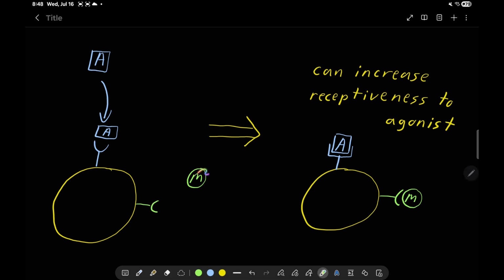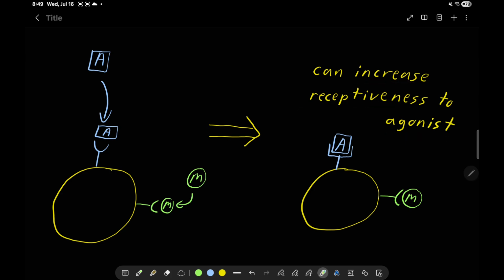And then your allosteric modulator can come and bind to your secondary allosteric sites. And then when it comes and binds, remember we said that this can change the conformation of your orthosteric receptor. It can change its structure. And what can happen is it can change its structure to increase receptiveness to your agonist.